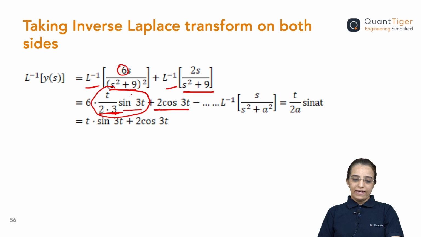If you simplify it here, this will be t into sin 3t, मतलब इसको simplify करेंगे, so आ जाएगा t into sin 3t plus 2 cos 3t.